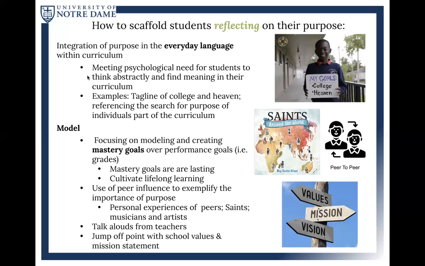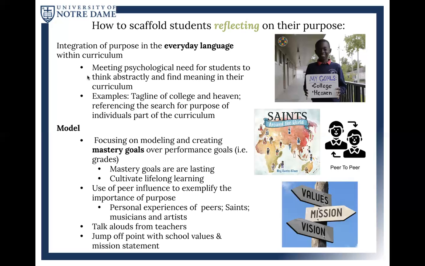This can look like giving the chance for students to talk about their personal experiences, talking with each other in classroom discussions. Also, with the Catholic School Advantage, thinking about the saints and how their lives and their voices, their quotes, their prayers, how they taught us how to find our purpose and how to voice that. We can also use musicians and artists and athletes that our students look up to and use them as models for how to talk about purpose.